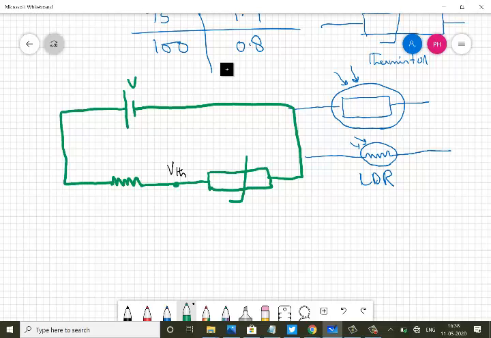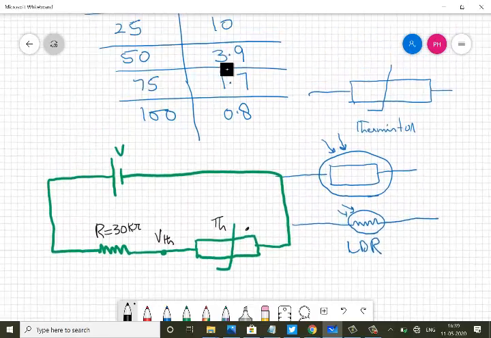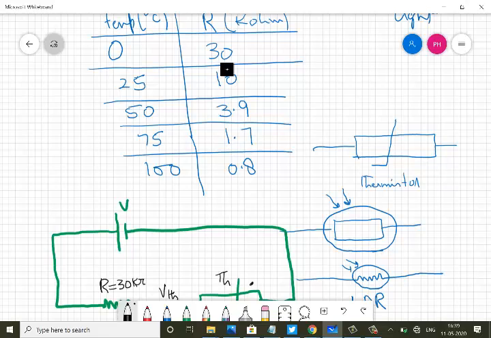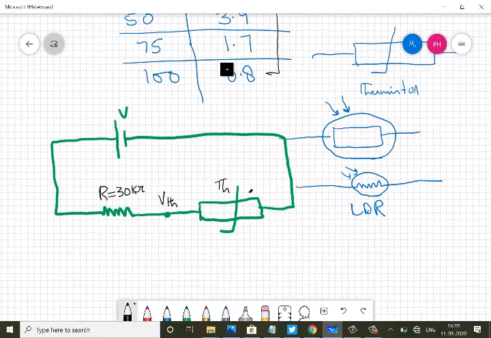This is our thermistor, and this is a fixed resistor, maybe of 30 kilo ohms. And the value of this thermistor changes with increasing temperature. It changes from 30 kilo ohms to 0.8 kilo ohms. So maybe this fixed voltage is equal to 9 volts.